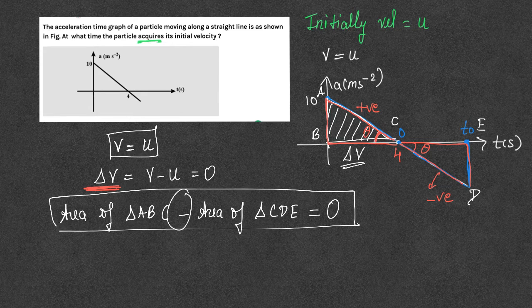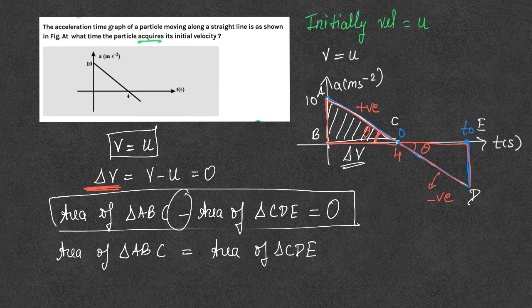So we can write this as area of triangle ABC is equal to area of triangle CDE, which is half into BC into AB is equal to half into EC into ED.